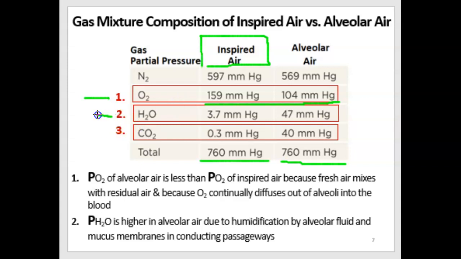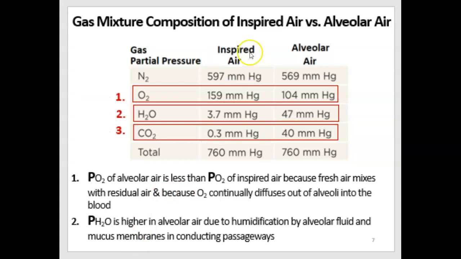And then also notice that compared to the air we breathe in, the water vapor increases drastically, more than 10 times. And then third, the carbon dioxide that we breathe in is very low, which makes sense. But the air in our lungs, even after we inspire, is higher. Now, I can explain the first two relatively easily, and the third one will make sense once we talk about the first one, I think.